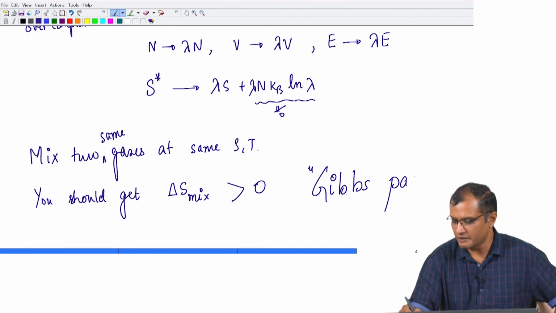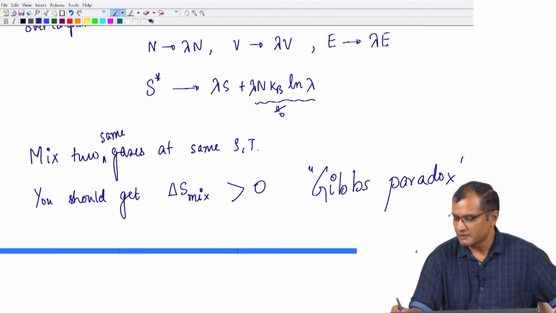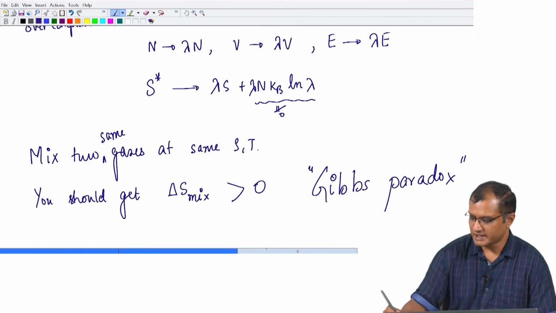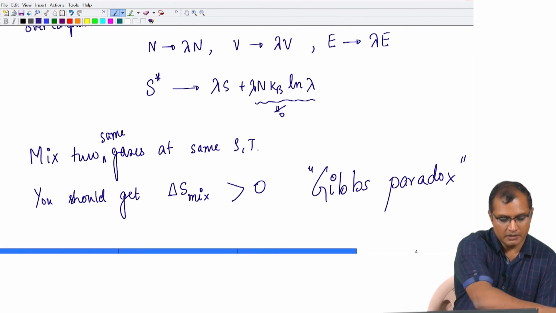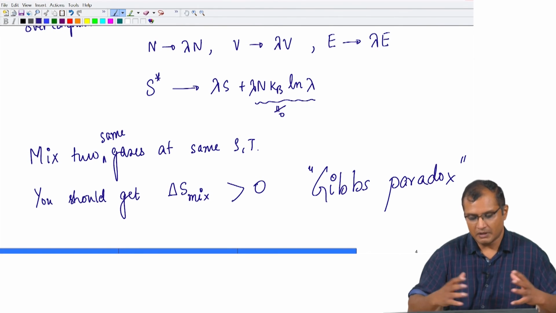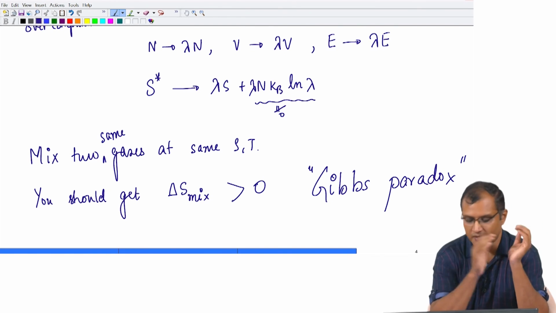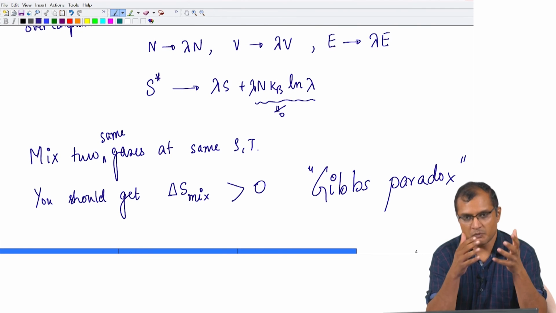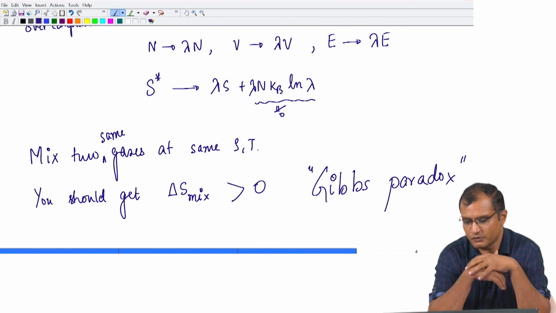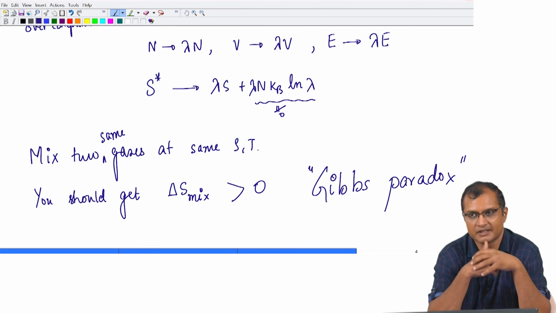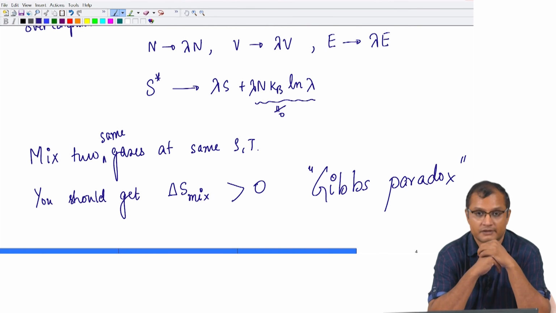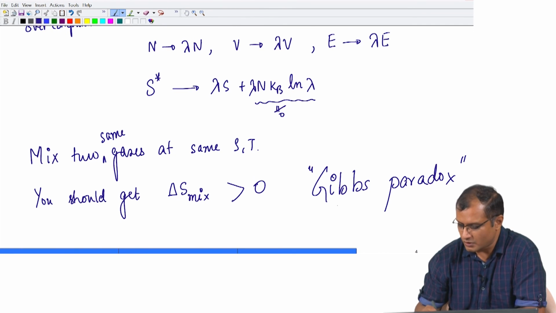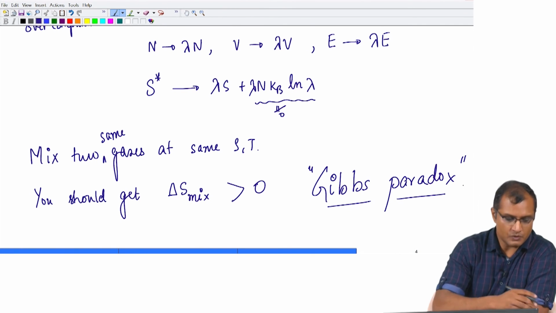A little while ago when we did this calculation, we saw that the entropy change is 0, but if you do this calculation at home at temperature and density which are the same on both sides, and you mix 2 same gases, in the same spirit as we did a few minutes ago, you will find that the entropy of mixing comes out to be positive, and that is completely wrong, because it should be 0.